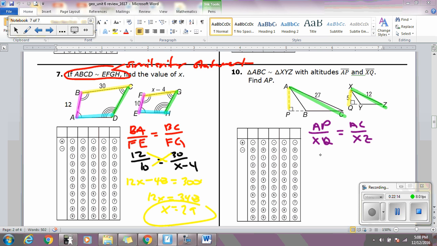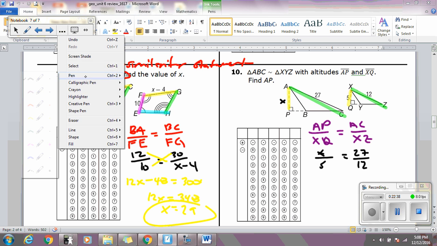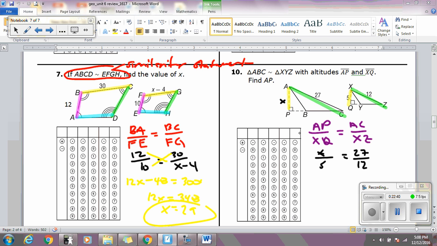So in other words, AP, which we don't know, let's call it x. There's so many x's going on, I don't want you to be confused. AP is x, XQ is 5, AC is 27, XZ is 12. Now that the proportion is set up properly, go ahead and cross multiply.